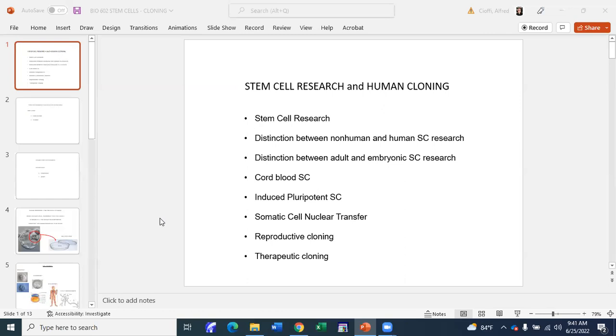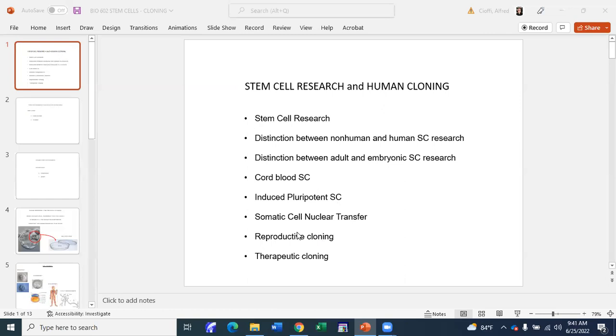All right, so let's go forward then. We're going to look at stem cell research. And as always, we have to make a number of distinctions here that are bioethically relevant, right? The distinction between human and non-human research. Then the distinction between adult and embryonic stem cells. And then we're going to look at other sources of stem cells like cord blood, the induced pluripotent stem cells, the iPS stem cells.